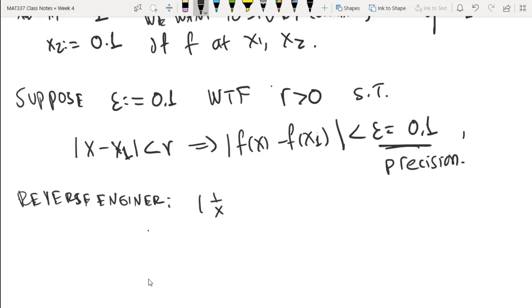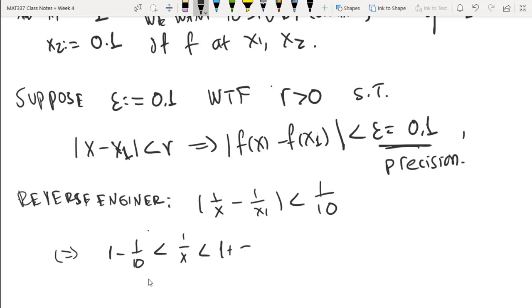We have absolute value of 1 over x minus 1 over x1 less than 0.1. 1 over x1 is 1. So we have 1 minus 1 over 10, 1 over 10. So what is it saying?